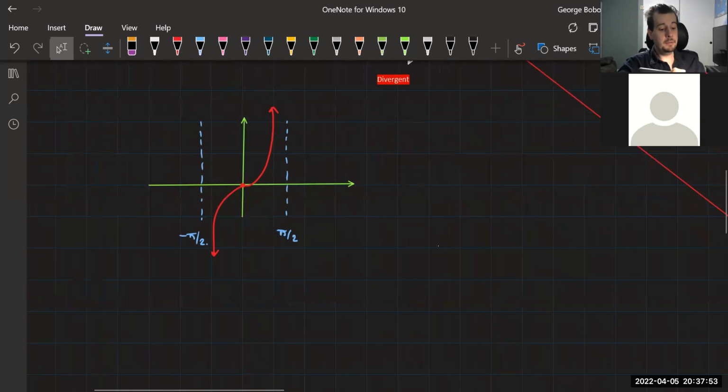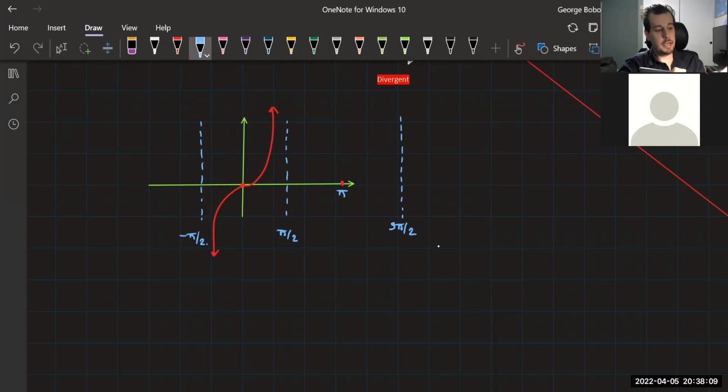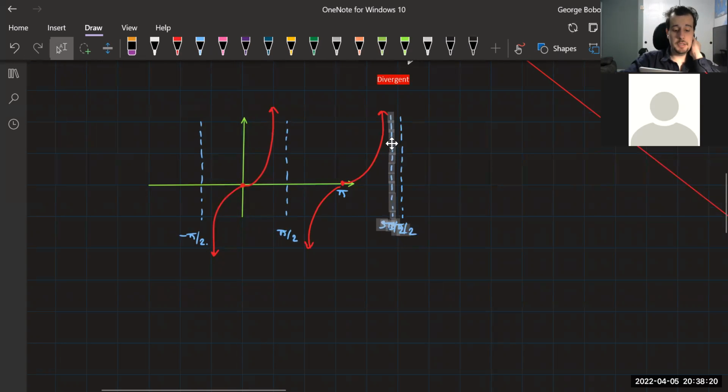Okay, and then the pattern repeats, like you'll start again over here, which is like pi right now, and then you'll have another asymptote over here, 3 pi over 2, and then the function will do this again. Okay, so this is how the tangent looks. Both sides look like this. If you go to the negative side, it looks the same.